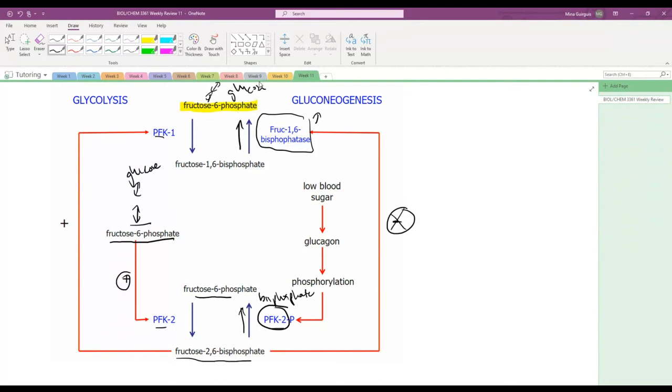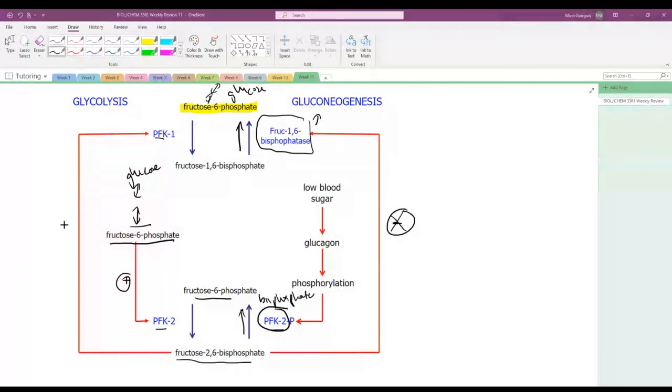So phosphofructokinase 2 is kind of the key to that regulation to keep our blood sugar where it needs to be, with insulin, with glucagon, and really with phosphofructokinase. And once again, I'm going to ask, does this make sense? It comes down to the idea that PFK1, phosphofructokinase 1, is the committing step of glycolysis.